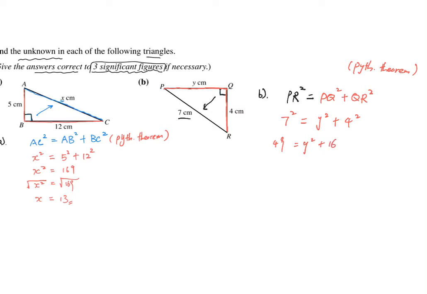So you can simply do 49 minus 16 equals Y squared, and then 33 equals Y squared.